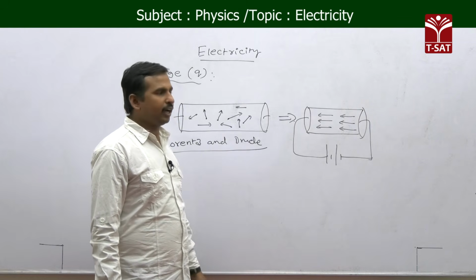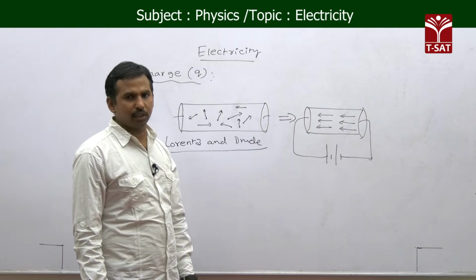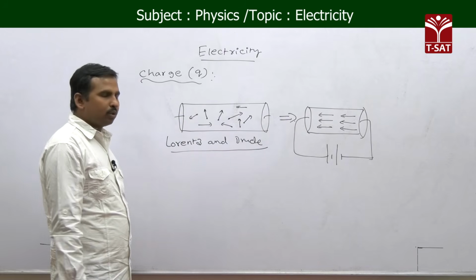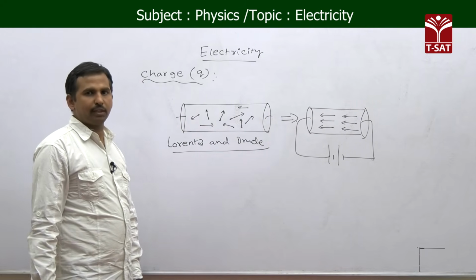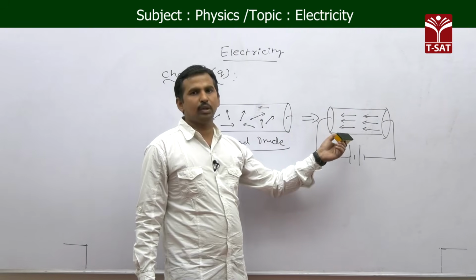Then how this battery makes the charges flow in one particular direction, that we will see now. How is the battery making these electrons, which are going in different directions, move in one particular direction?